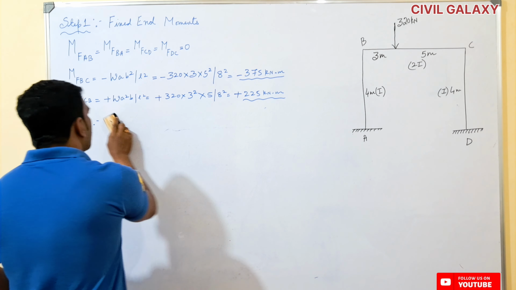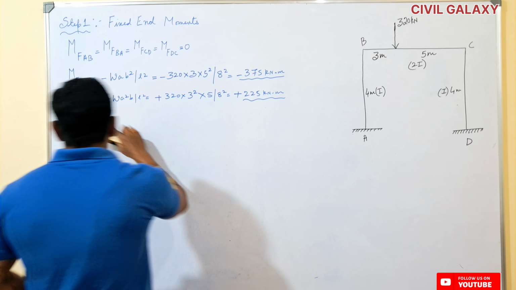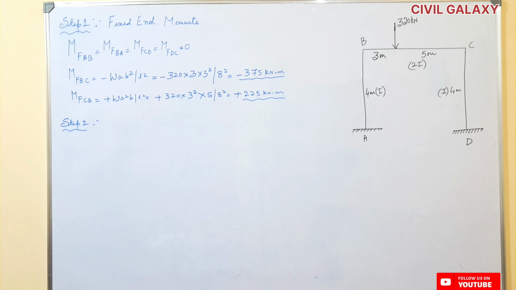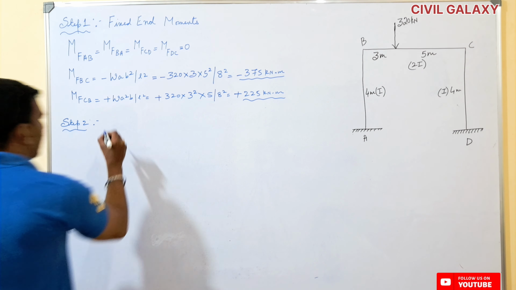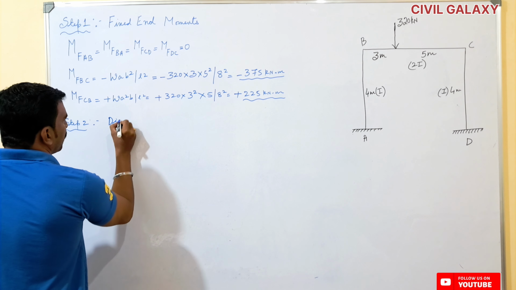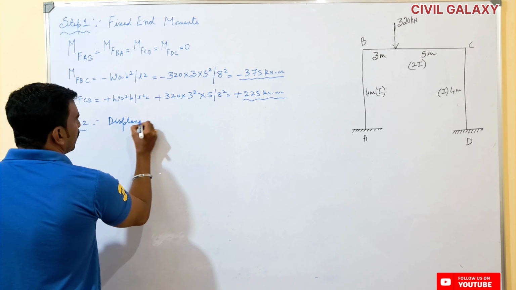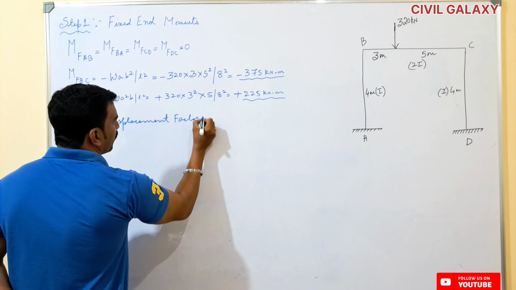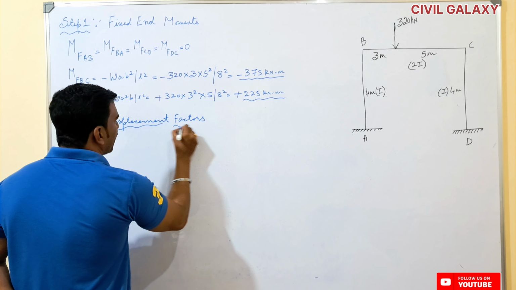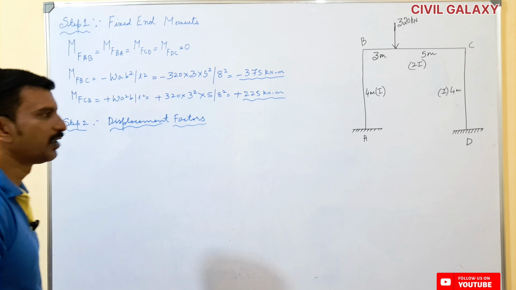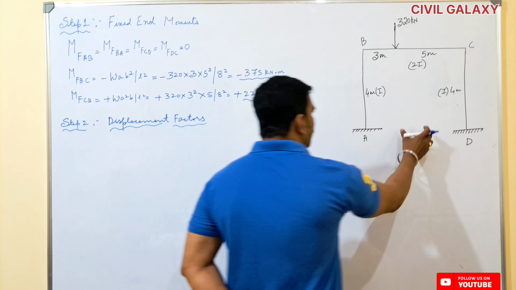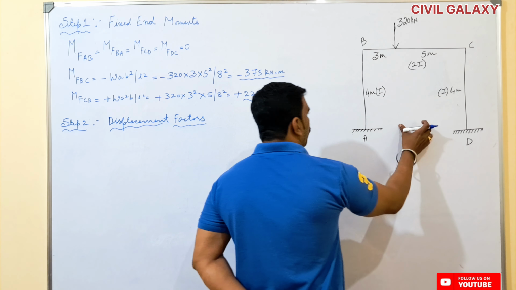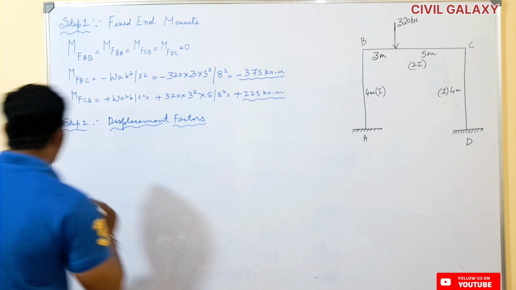Apart from calculating the rotation factor, we need to consider the displacement factors. To calculate the displacement factor, we have to see how many stories we have in this particular frame. This is a one bay and one story frame, so we have one story.